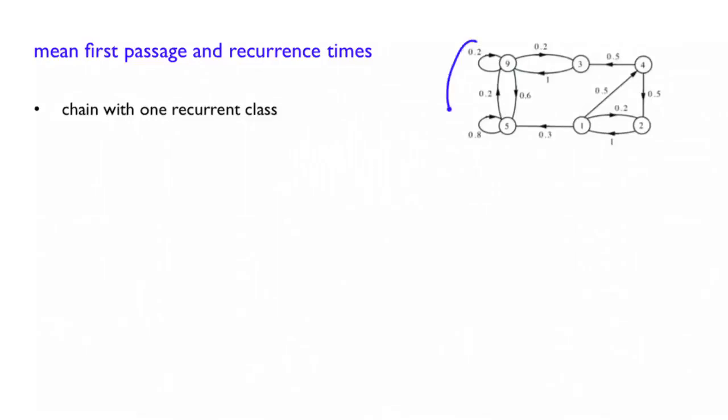In this video, we continue our exploration of quantities of interest associated with the short-term behavior of Markov chain. This time, we suppose that we have a Markov chain composed of a single recurrent class, such as this one. Here we have our recurrent class, and these are transient states.